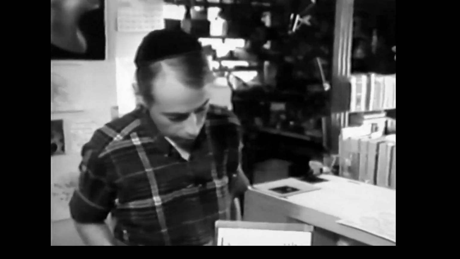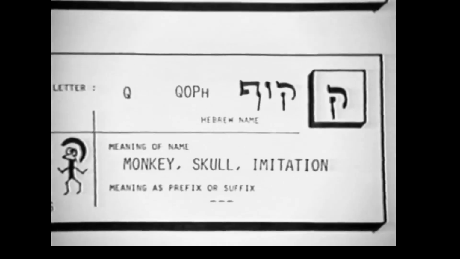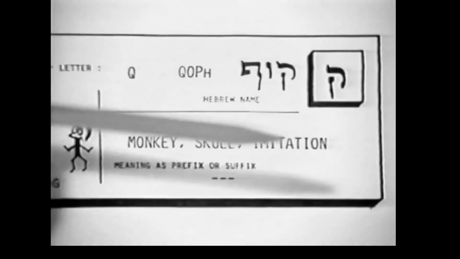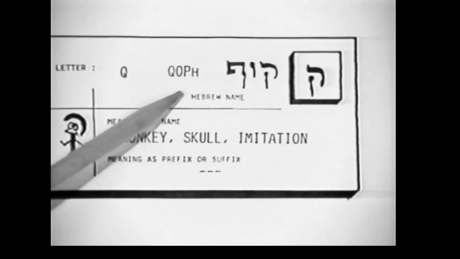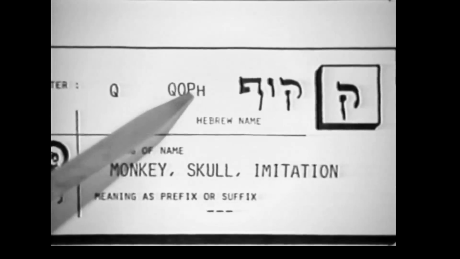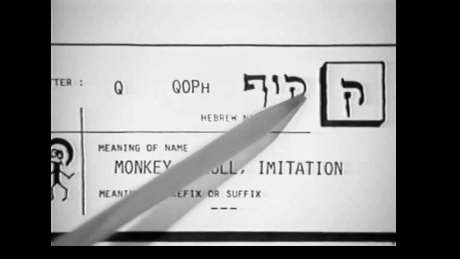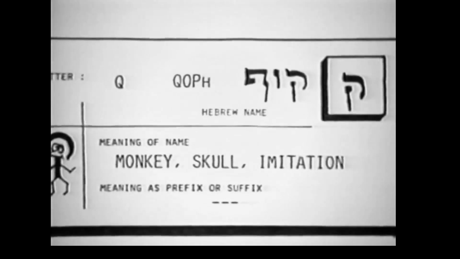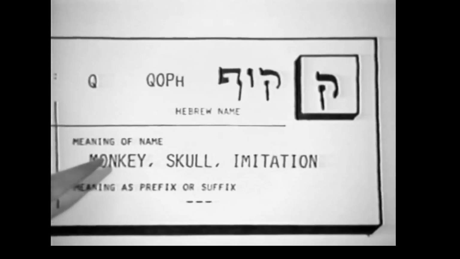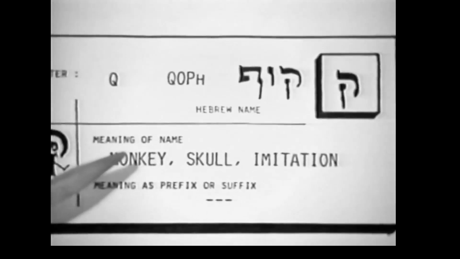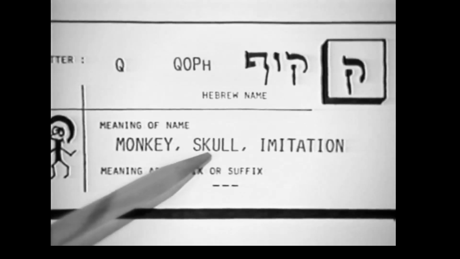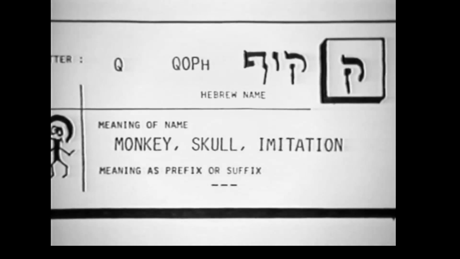Okay? And finally, Kuf, the idea of consciousness, of beingness, applied to the material world. Well, Kuf in Hebrew, spelled Kuf Vav Pei, means a monkey, a material existence, a skull, or it means an imitation.